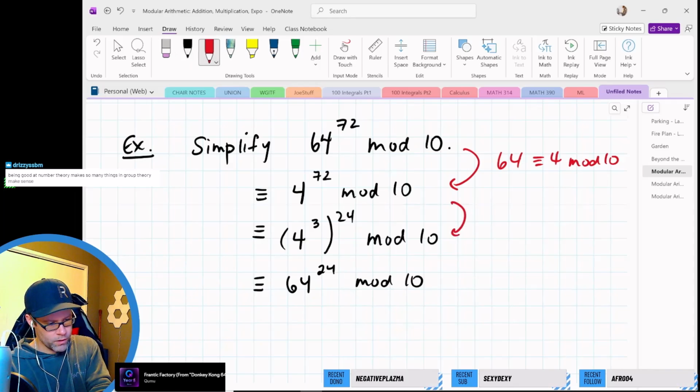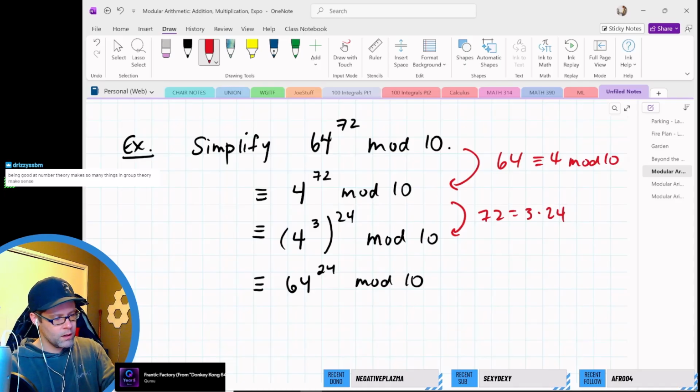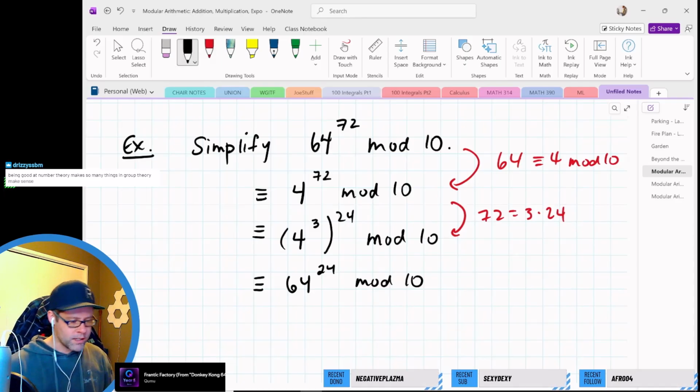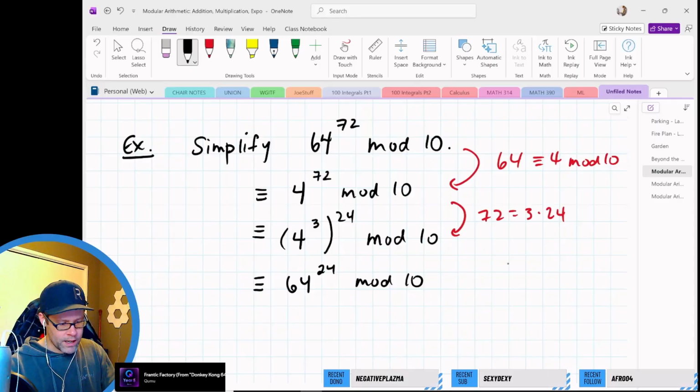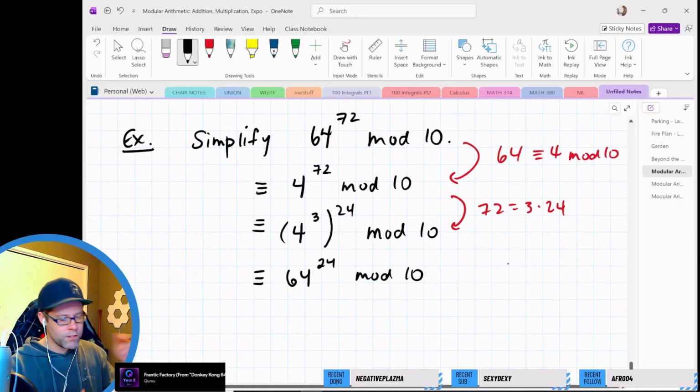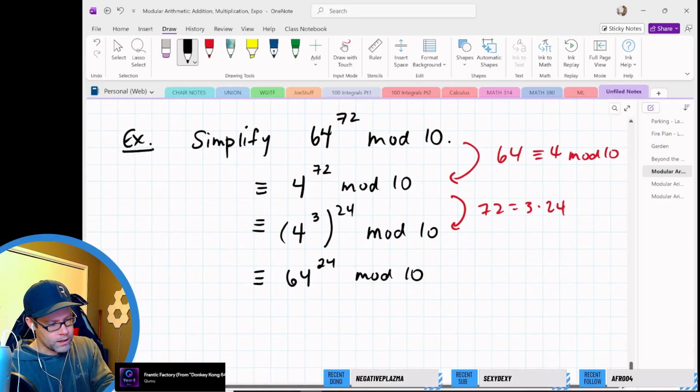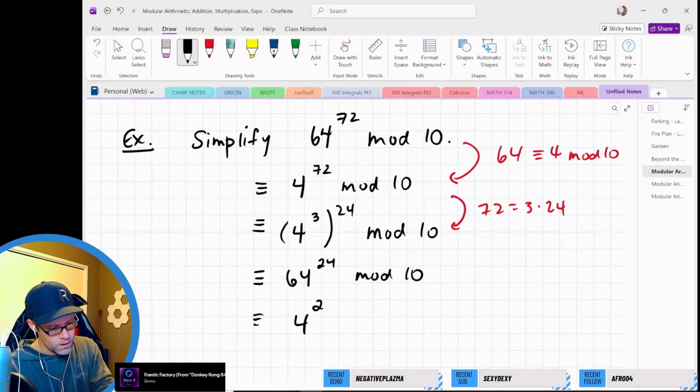All I'm doing moving from here to here is saying 72 is really just 3 times 24. I already know what 64 mod 10 is, it's 4. So I can keep repeating this process to remove all of the multiples of 3 from 72. So this, again, will get me down to 4 to the 24 mod 10.